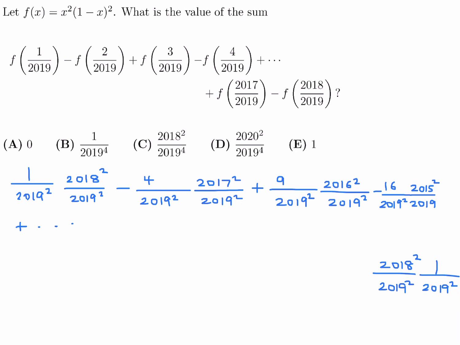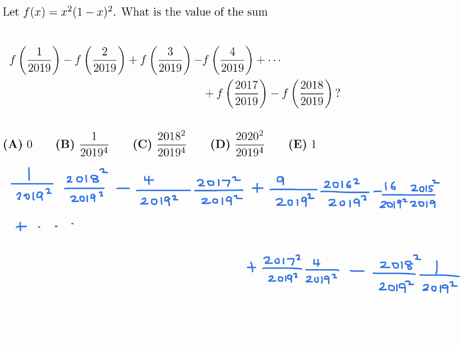And that, keep in mind, is a negative. The next one over is 2017 squared over 2019 squared, times 2 squared, which is 4 over 2019 squared, and that is a positive.